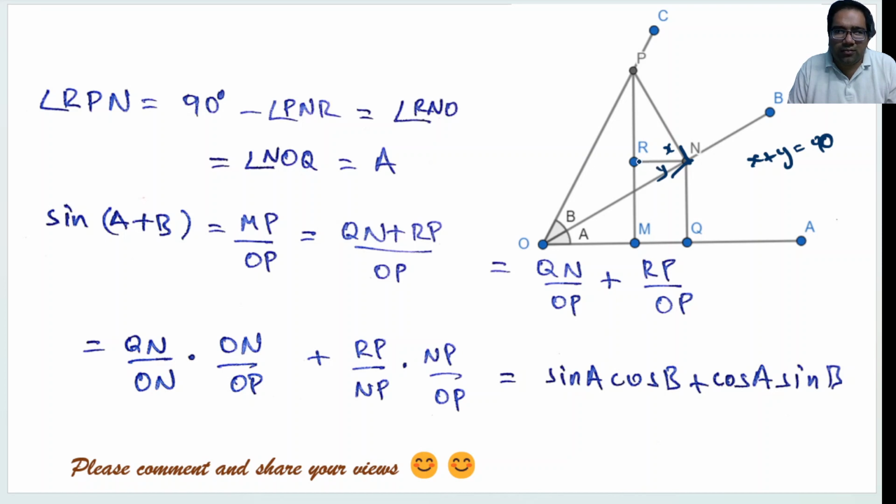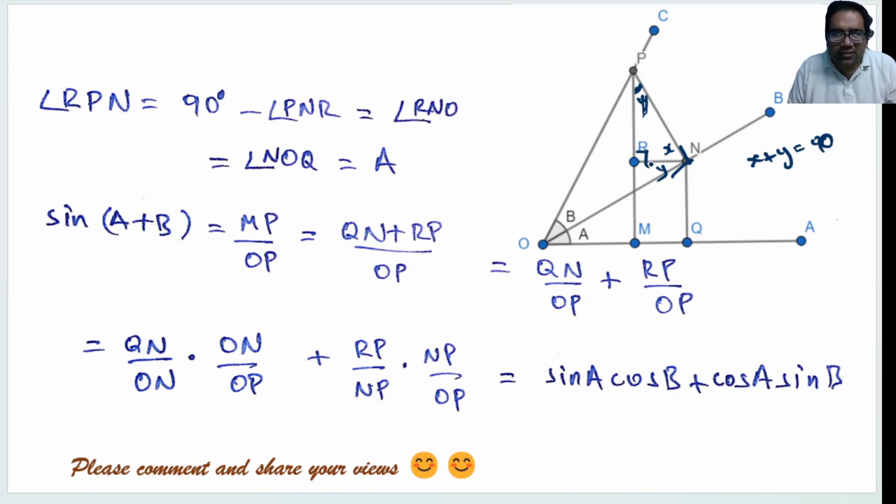Now, because this is again perpendicular, this angle is also 90 degrees, so X plus this one should also be 90 degrees. We just realized X plus Y is 90 degrees, so this also should be equal to Y.